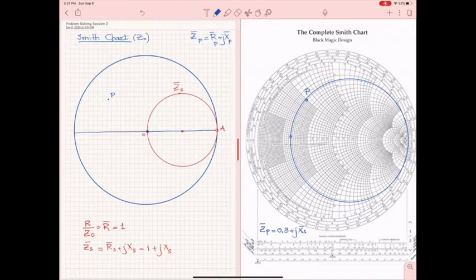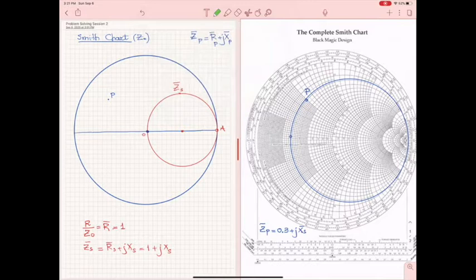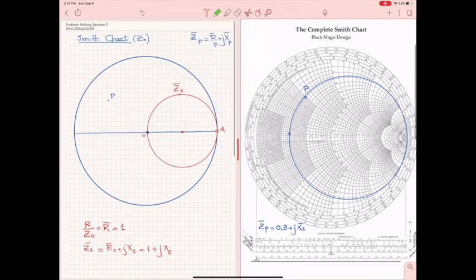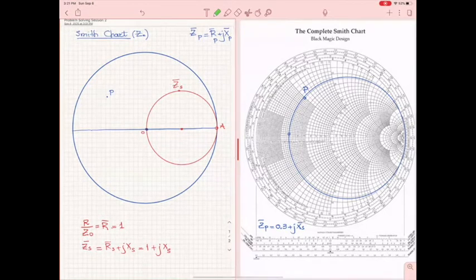Okay. Now, when you look at the Smith chart, we also have another set of circles, and those other circles, they are not shown, all of them. So for example, you will see circles here, I'll use a green one, that go like this. All right.